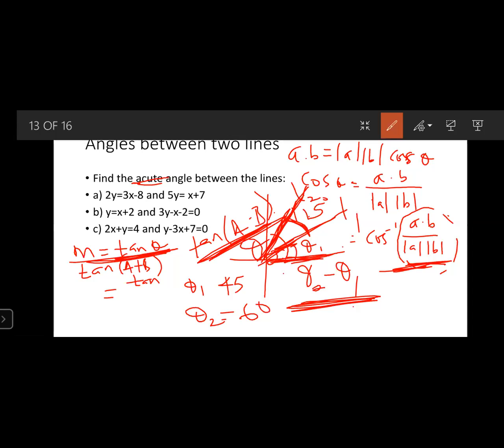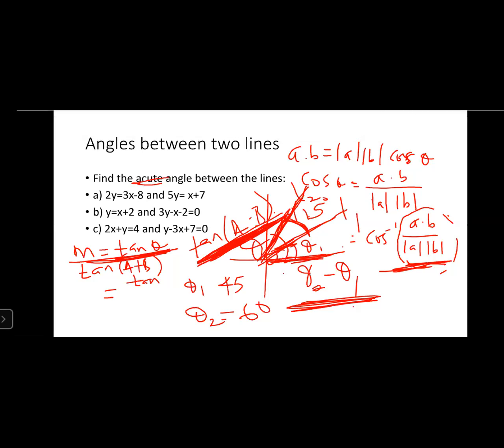There is a concept that already tells us what tan A minus B will give us. Let me use tan A minus B, as you see it in the textbook.